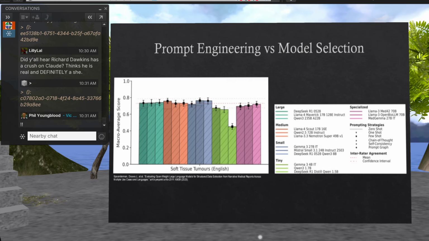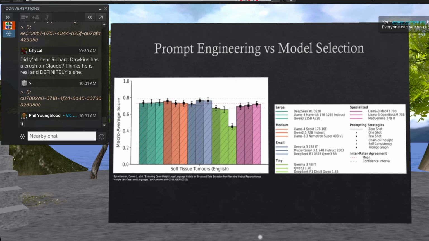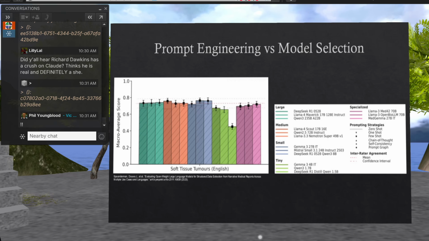What we found, we tested a large set of models on this data, basically 12 LLM models, everything from small models of 4 billion parameters, trained on smaller amounts of information, to the very large models that require a lot of compute that's normally not accessible to people, even those who have the best gaming computers.